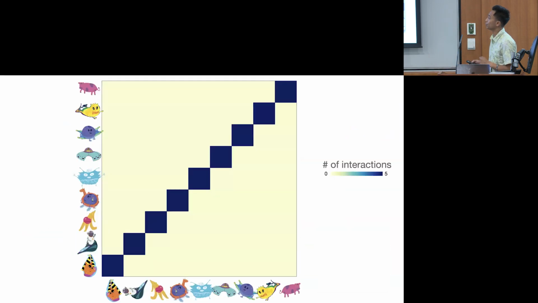The next thing I would do is I would create a matrix, right? So on the X and Y here, we have all the different characters. It's the same ones, so rabbit on a sailboat, rabbit on a sailboat. Here we have a heat map legend that indicates the number of interactions, 5 being the max in this toy example. And this diagonal you see is just representing self-interactions. So for example, pig is always interacting with pig because it's itself, right?